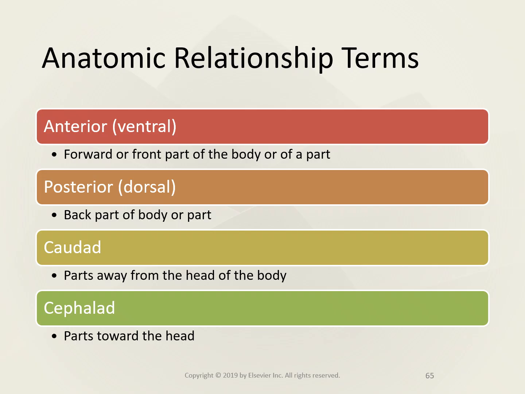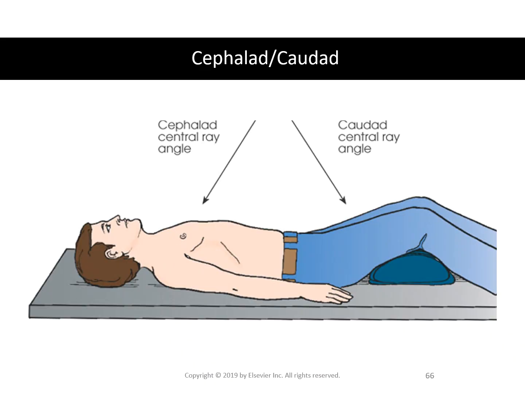Okay. Just listen to it again and look it up in the book so you don't get confused. Okay. So one more time. Cephalid means toward the head. So if we angle the x-ray beam toward the patient's head, that's called a central ray angle that is cephalid by so many degrees.